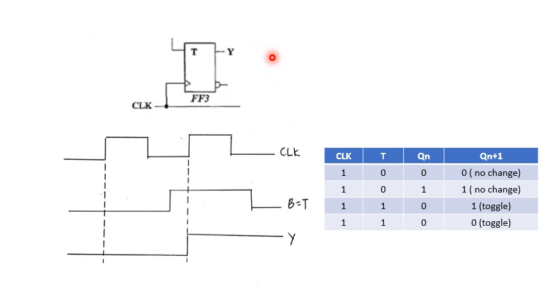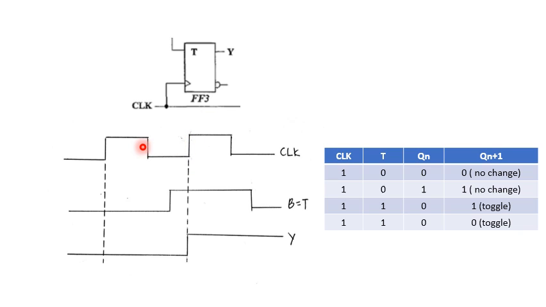So the third one is the T flip-flop. So here is the T flip-flop. The value of T will be B. The T flip-flop here is positive edge triggered. So we will read the waveform on the clock at the front edge here.